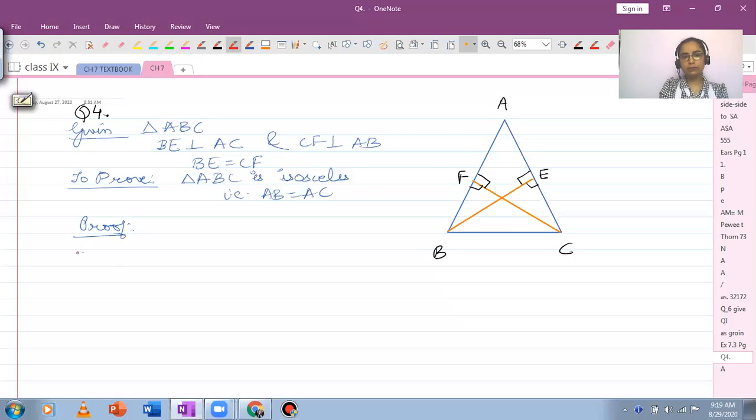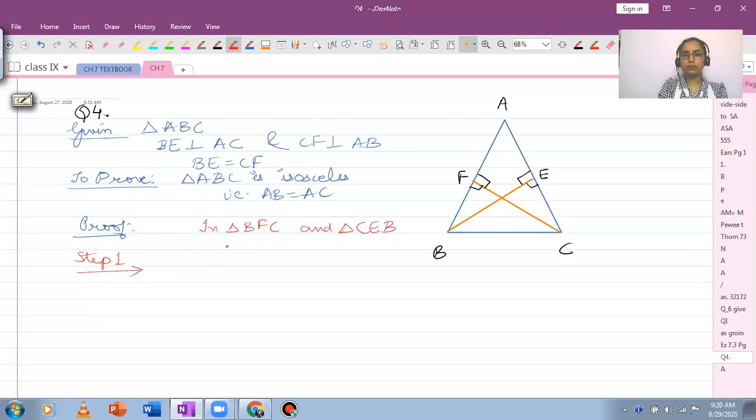Just for yourself, if you want, you can note down that this is step 1, the congruence in triangle BFC and triangle CEB.